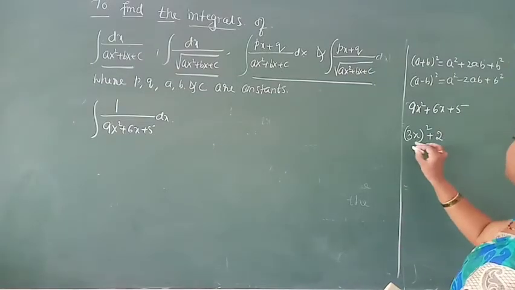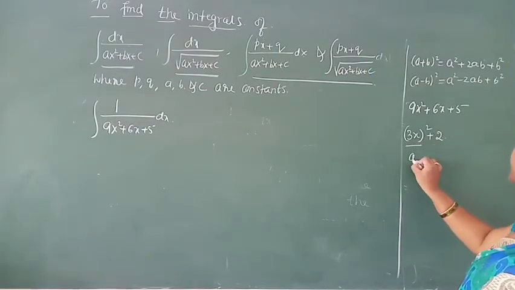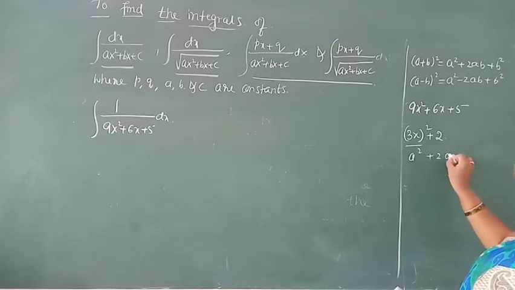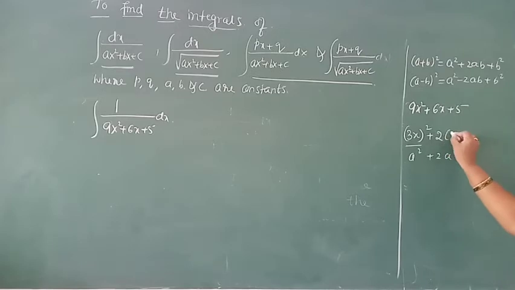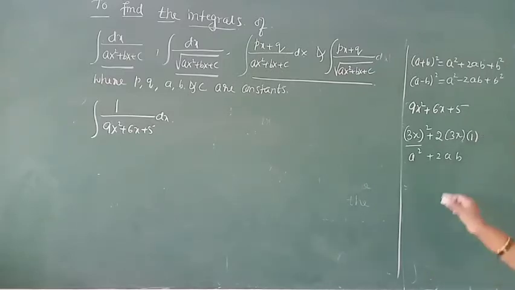What is your a here? This is a, in a square plus 2ab. What is your a? 3x. Then 2 into 3x gives 6x. What is left here? Only 1 is left, which we consider as b. For b, we add as well as subtract the perfect square, b square, 1 square.